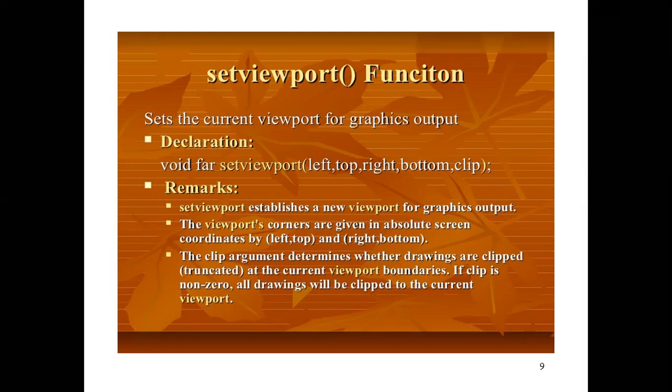Then what is the syntax for that? The syntax is void set viewport, left comma top comma right comma bottom comma clip. So set viewport establishes a new viewport for graphics output.